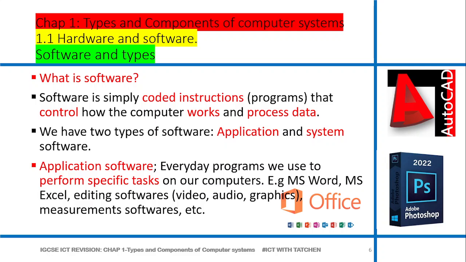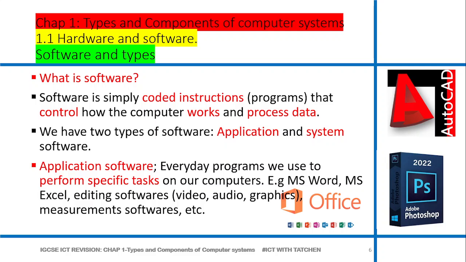In your computer, you have two major kinds of software: application software and system software. What is application software? Application software are programs you use probably on a daily basis to perform specific tasks.